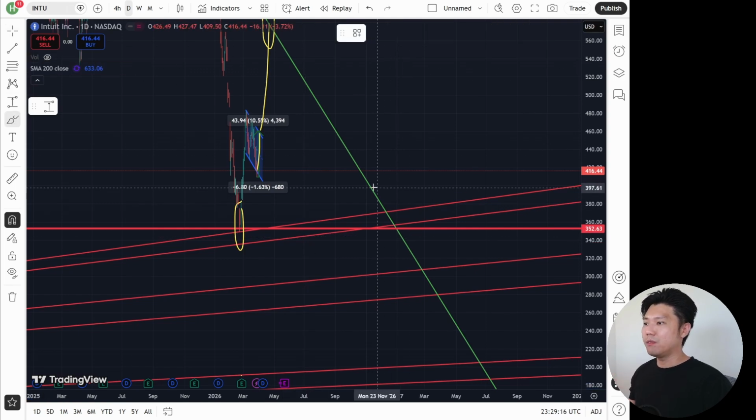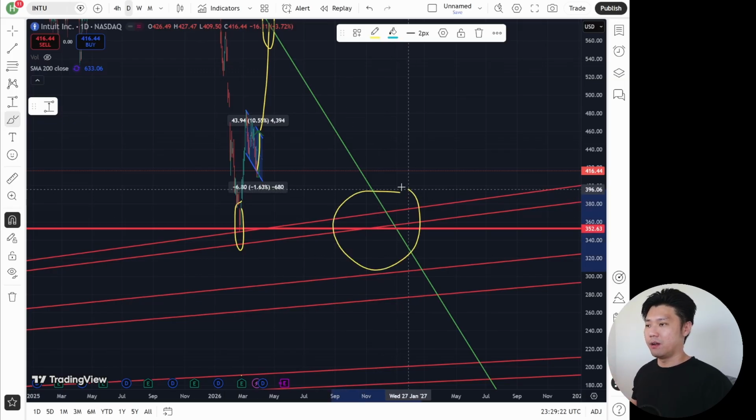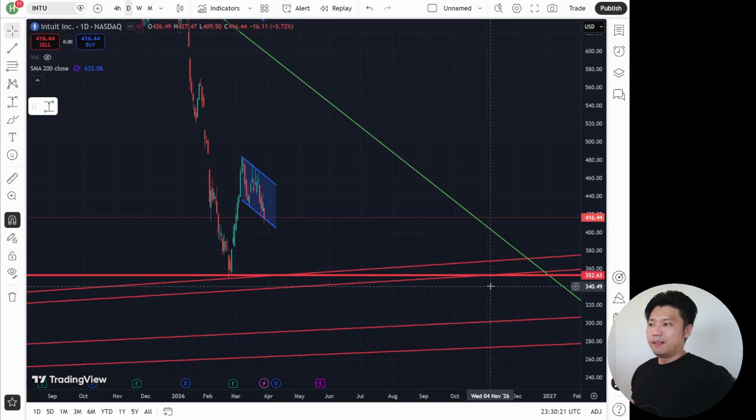Around the end of 2026 and the beginning of 2027, we get this convergence of four indicators: this downsloping trend line, this upsloping trend line, another upsloping trend line, and this horizontal line. This makes me believe that $352 is the bottom of the stock.